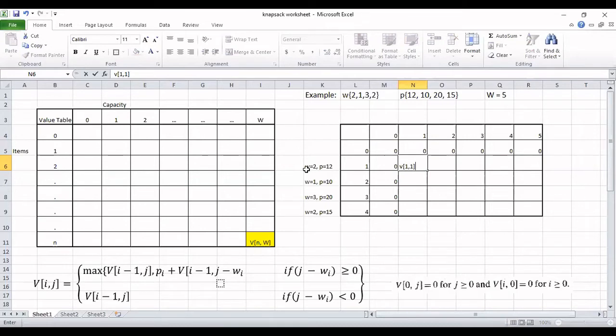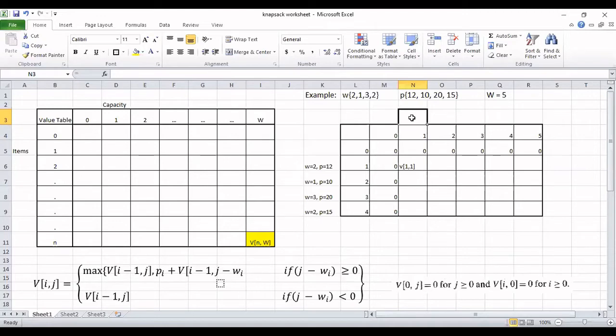And here J is 1, and J becomes the capacity. So the capacity is 1 and the weight is 2. Can we accommodate the first item? We have a knapsack bag of 1 kilo, and the item's weight is 2 kilo. Can we accommodate that?